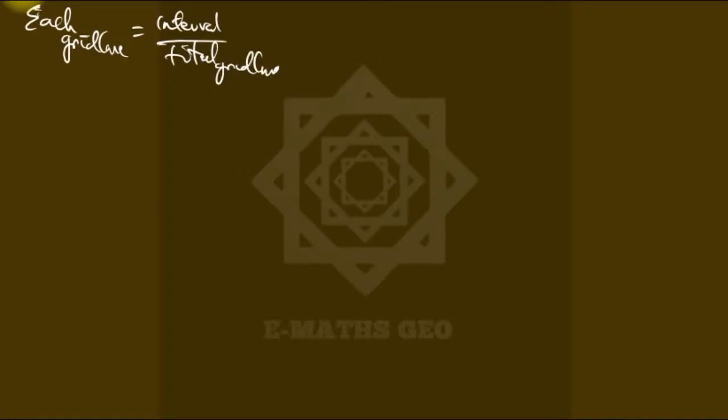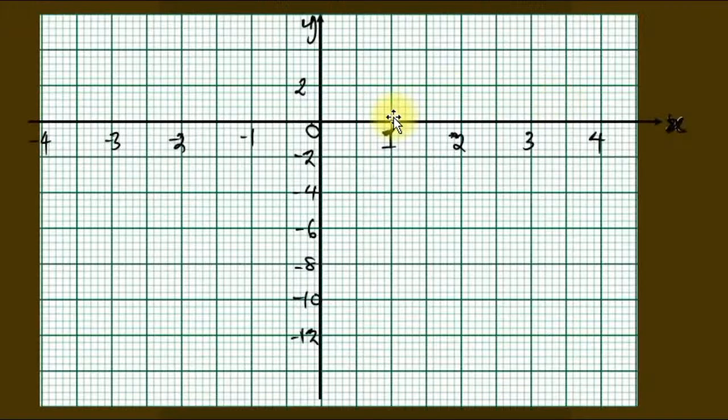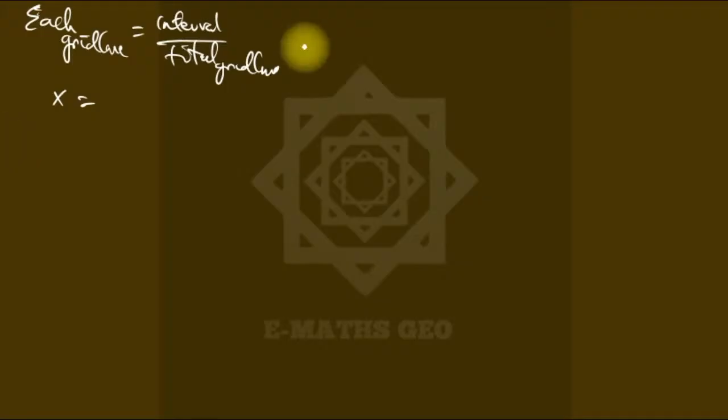For x we are moving 1 interval, so 1 over the total. We have 5 grid lines, 5, 10, so 1 over 10. Each of the grid lines is 0.1.